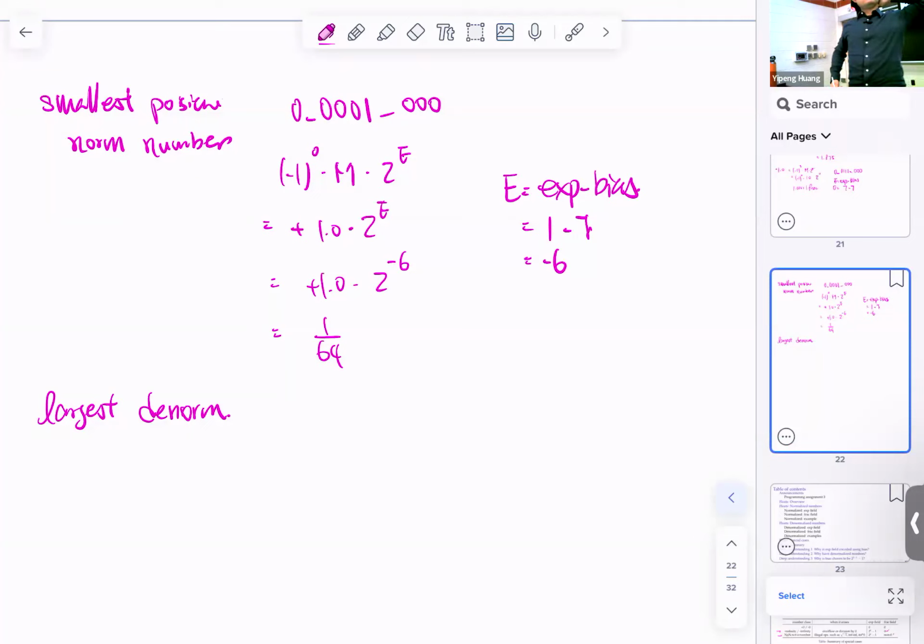How do we think about it? It's been the same 4 people rotating around. Anybody over there want to chime in? What's the point of denormalized numbers? Denormalized numbers are close to 0, right? So between these 2 numbers, which one do I expect to be larger in magnitude?